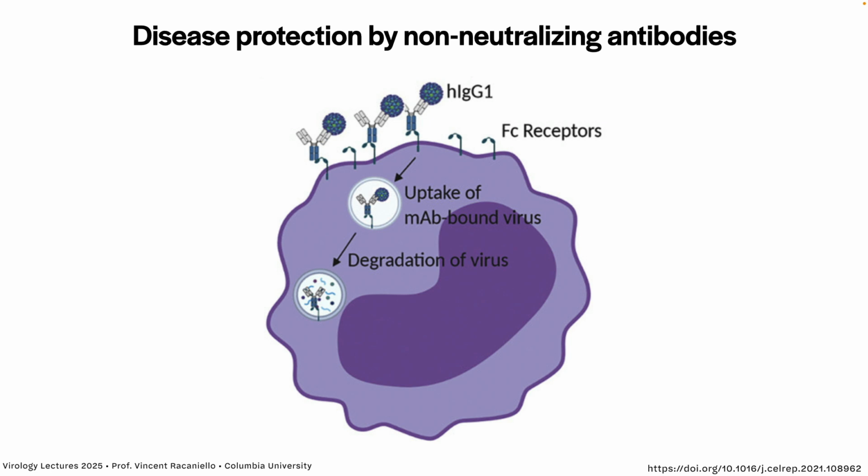But those can be bound to Fc receptors, taken up into this cell, which may be a macrophage, and degraded. So that's a mechanism of neutralization. And for some viruses, this has been shown to be the main mechanism for protection against infection. Non-neutralizing antibodies. So that's one example, Fc receptor mediated uptake and degradation of the virus.